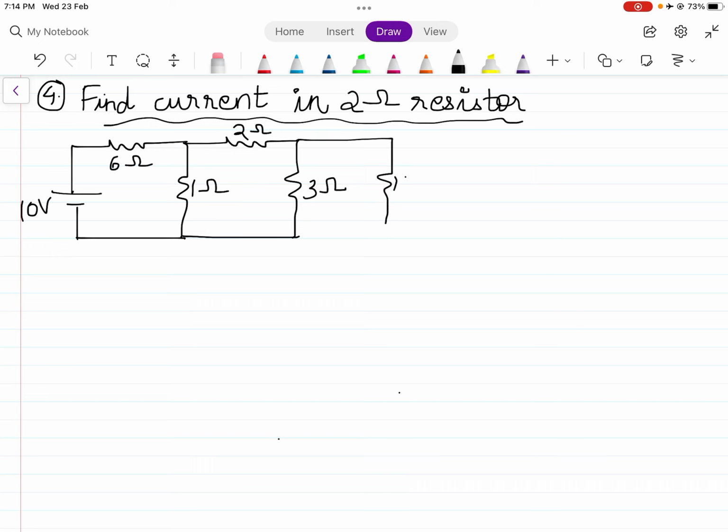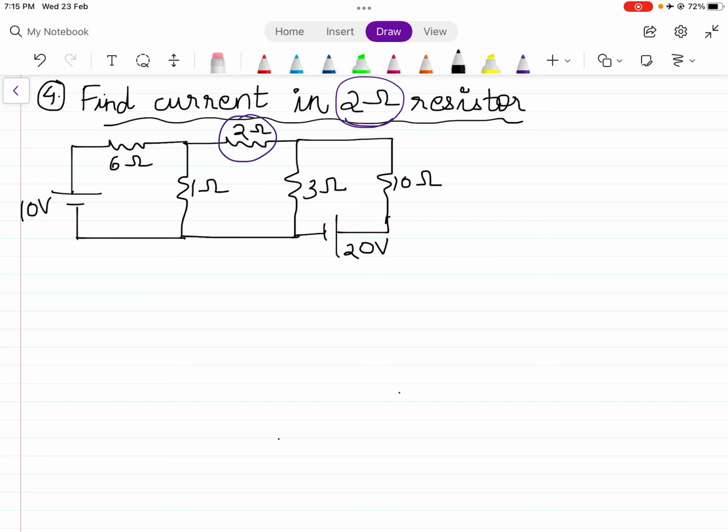This is 10 ohms. And this is 20 volts. So we have done a similar sum of this type. So first we have to understand that current through 2 ohm is asked. So this is the 2 ohm resistor.